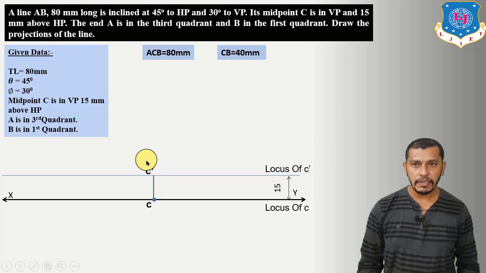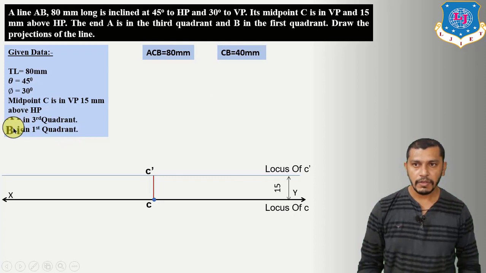As we know, we can draw the theta angle from C dash. So from C dash draw a line having length 40 mm and inclined at an angle of 45 degree in upward direction, because right now we are going to draw the locus of B and B is in the first quadrant.